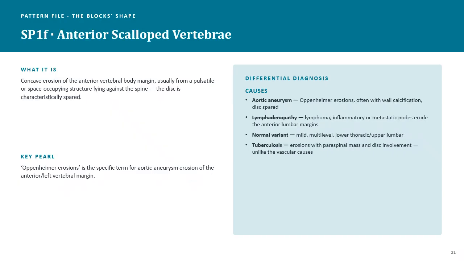All right, now we're going to look at anterior scalloping of the vertebrae. Going back to medical terminology, anterior basically just means the front. And when we talk about scalloping, instead of the front of that vertebral body being fairly straight, it has an appearance that something is scooped out of it, some sort of indentation.